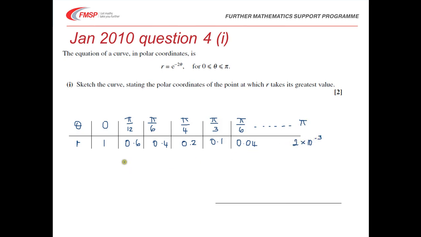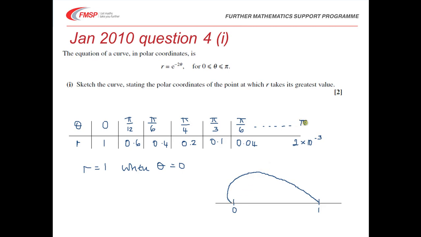So the important thing is, the first thing it says, stating the polar coordinates of the point at which r takes its greatest value. So r equals 1 when theta equals 0 is going to be the greatest value. And if we come and try and sketch the graph here, so this is 1 and this is the pole, then as we increase the angle, we are decreasing the value of r, and it actually comes down like this.